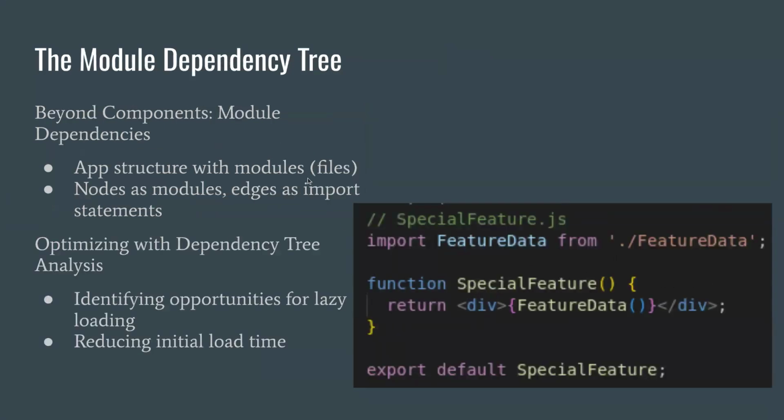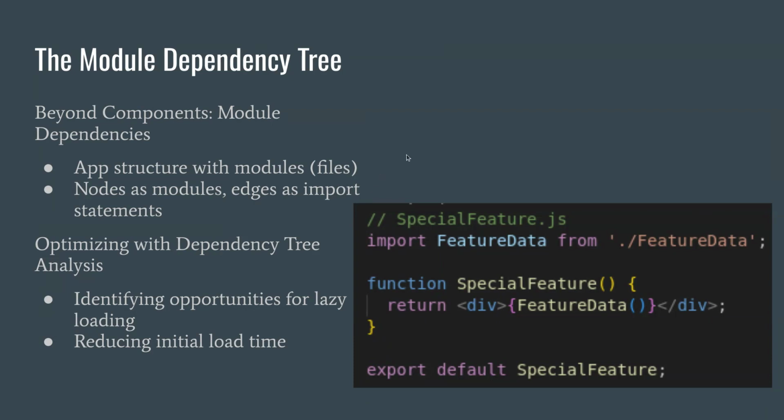The module dependency tree. So moving beyond components, React apps also involve a module dependency tree. As we break our app into modules, separate files that encapsulate components, functions, or constants, we create a tree structure where each node represents a module.